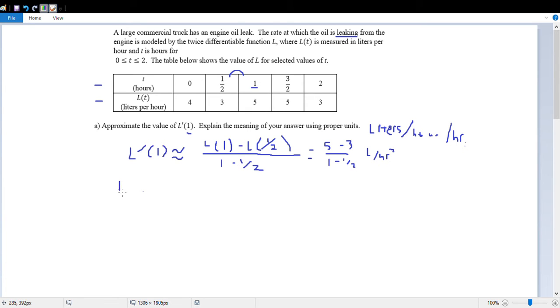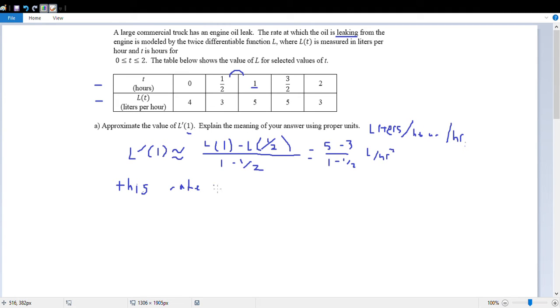This is the rate of change in the amount of liters of oil that leaks per hour. So you might think of it as the acceleration of the leaking. And we're just looking for anything like that.